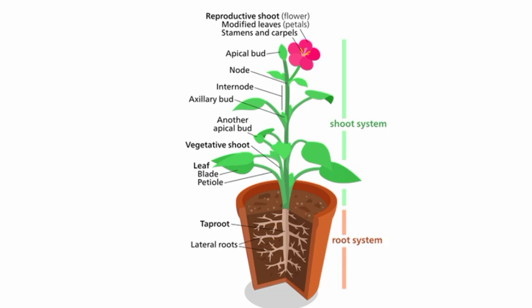Tip of the bud, apical bud, node, internode, axillary bud, and another apical bud, vegetative shoot, leaf, blade, petiole, and taproot, lateral roots are all given. So you can carefully observe the figure.